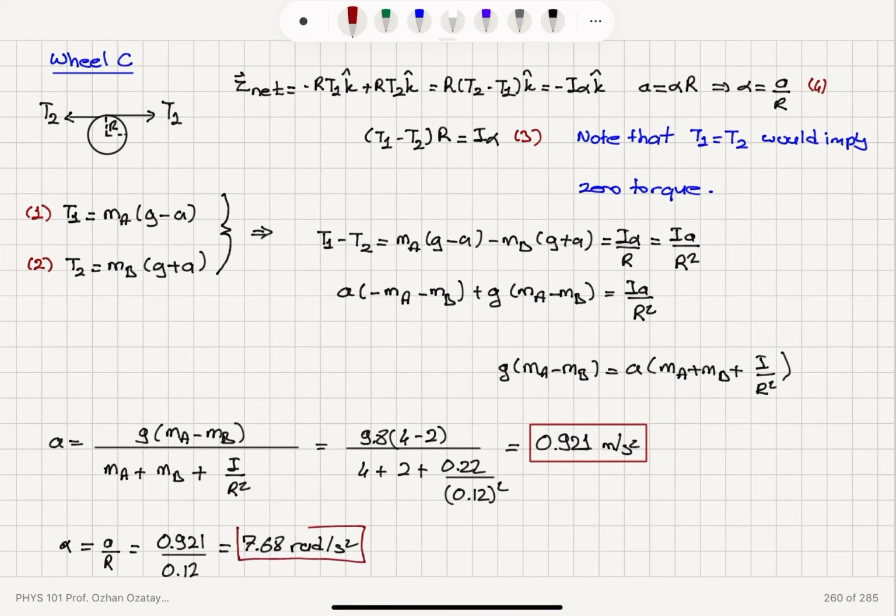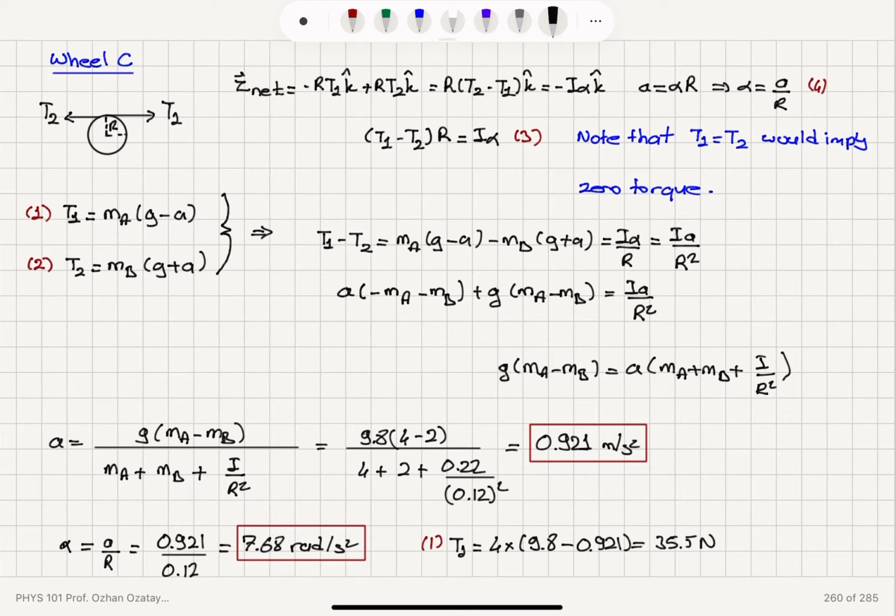And from equation number 1, we can substitute for MA, G, and A. So T1 is equal to MA, which is 4 kilograms, times 9.8 minus the linear acceleration 0.921. We find T1 to be 35.5 newtons.